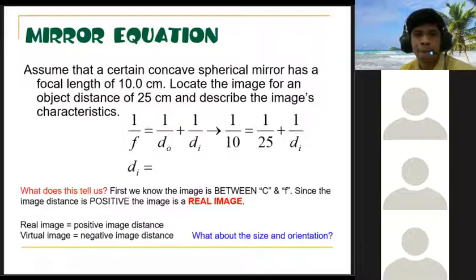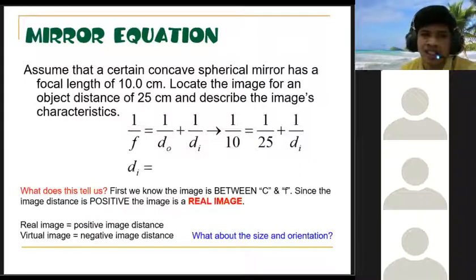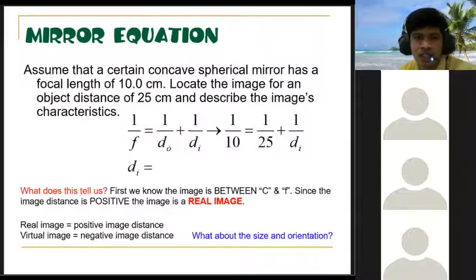All right, so next example: assume that a certain concave spherical mirror has a focal length of 10.0 centimeters. That is F. Now what you're going to do is locate the image for an object distance of 25 centimeters and describe the image characteristics.